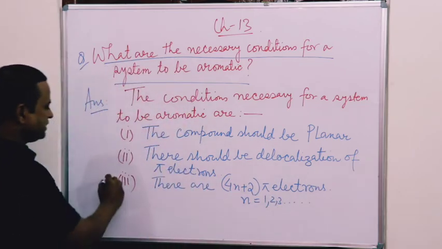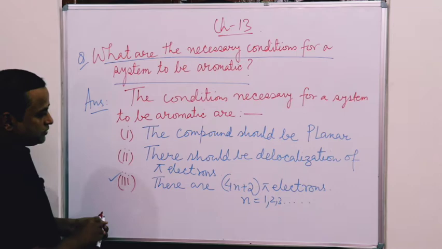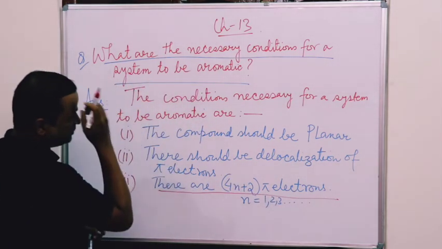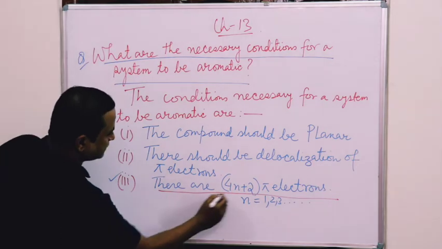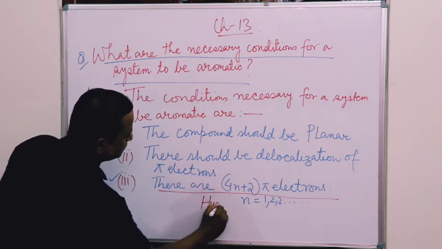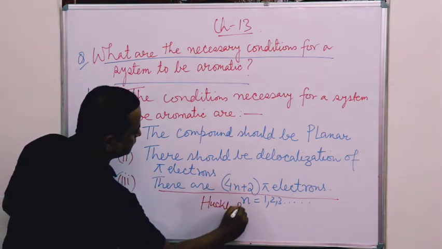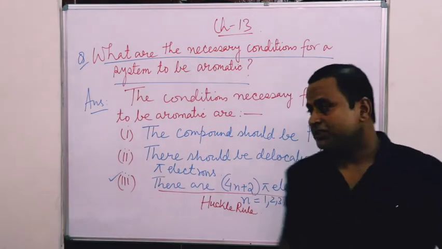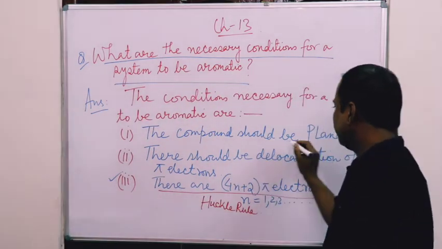Okay, and this last one is a very important factor to determine aromatic character. This last one is known as Huckel rule. Well, so these are the three conditions necessary for a system to be aromatic.